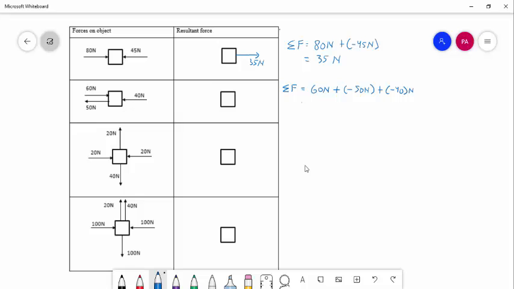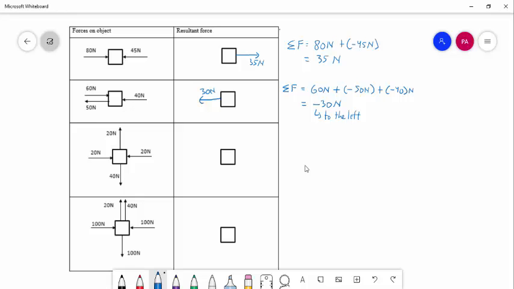Okay, so we will have negative 30 Newton. Because there is a negative, that means it's to the left direction. So we will draw like this.